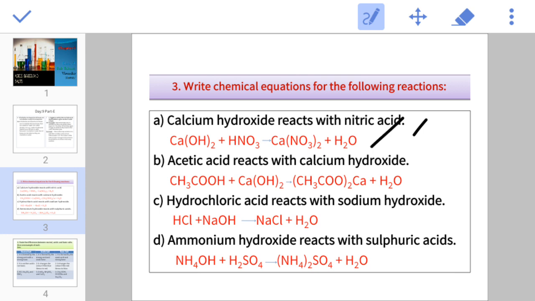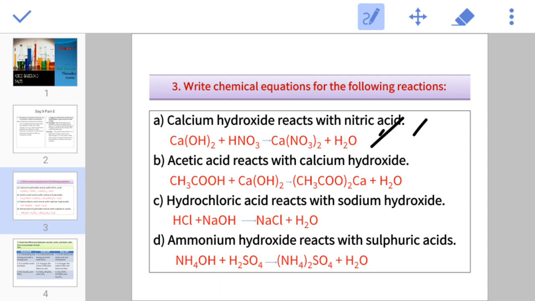Calcium hydroxide Ca(OH)2, it is the formula of calcium hydroxide which is a base, and the nitric acid HNO3 is an acid. So base plus acid we get salt and water. Here salt is calcium nitrate, formula is Ca(NO3)2 and the water is H2O.